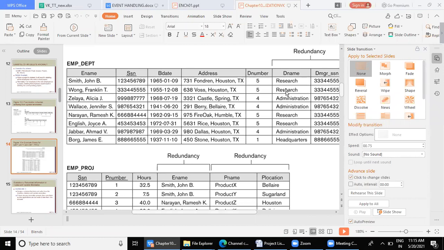You have to go on updating that, isn't it? So whenever the data is repeated, the updations become very difficult. Or suppose you have to modify the manager of that particular department. Everywhere you will have to go on modifying the manager.